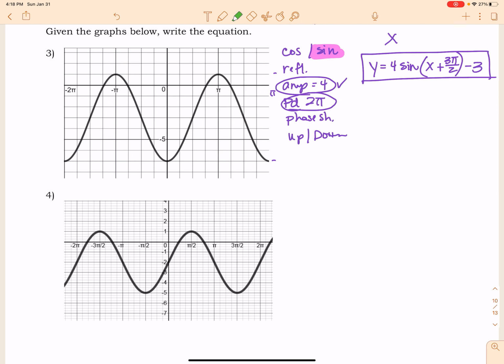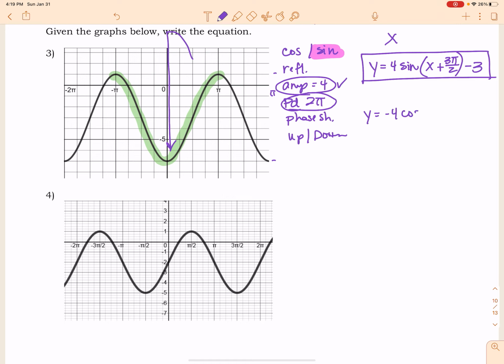One cycle here would be that right there. Okay, so now you have to consider the cosine graph. Well, if I consider that one cycle, you could also think of this as reflecting, see? Because couldn't it be up here somewhere and then it reflected to there? So you could think of that as a reflection.